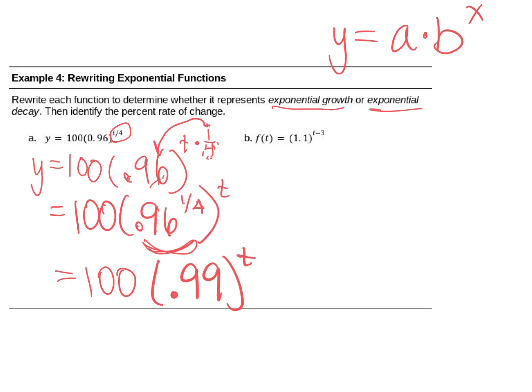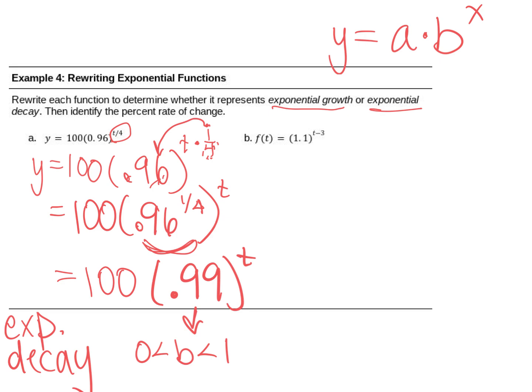So now this is in the proper exponential function formula, and you can see clearly that this is exponential decay, because this is your b value, and your b value is between 1 and 0. So this is exponential decay.